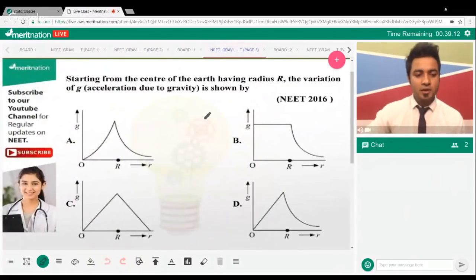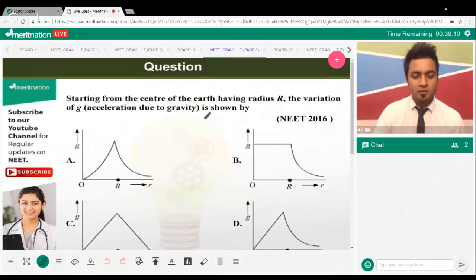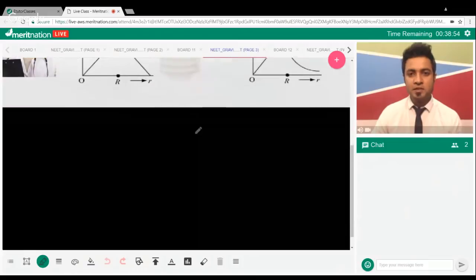Here you can see we do have four graphs given to us. Starting from the center of the earth, having the radius r, you just need to predict the variation of the gravity with respect to the depth inside the earth.